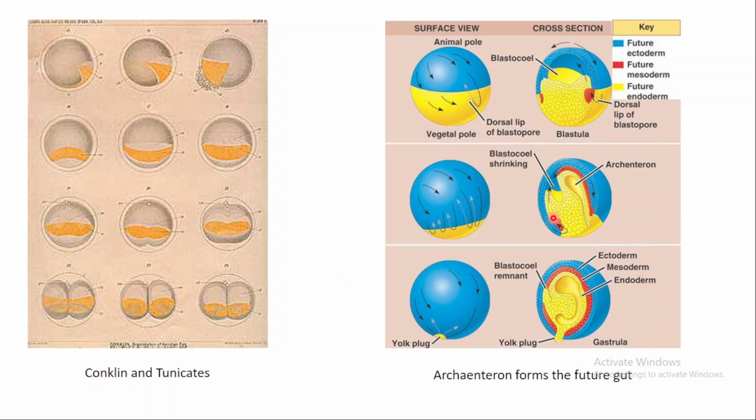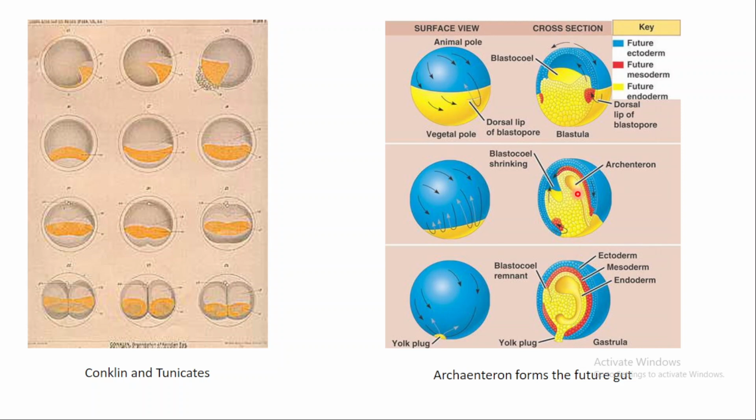And this diagram here explains the gastrulation process in which the archenteron will form the future gut. The archenteron is lined by the endoderm, and over it we have mesoderm and ectoderm.